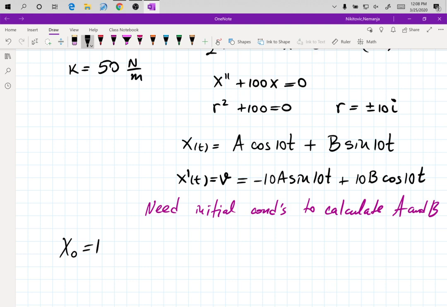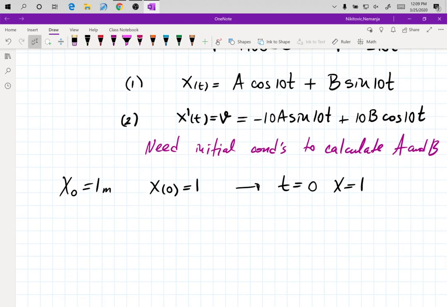That's something that is given to us. What this means is x of time 0 is 1 meter. So when t is 0, x is 1, which means that we can use, let's label this as equation 1 and equation 2.